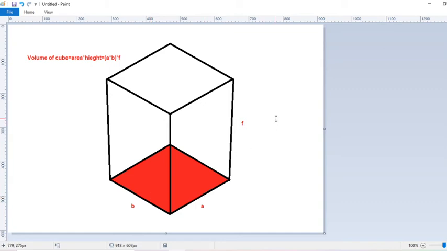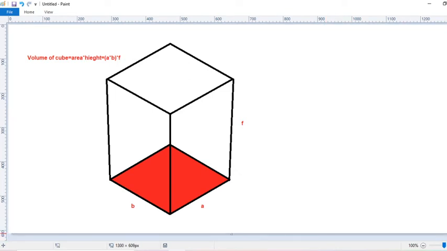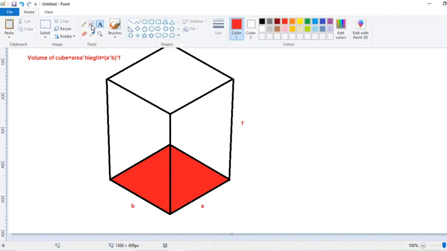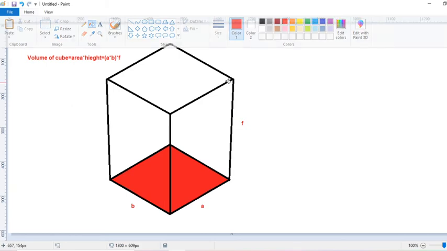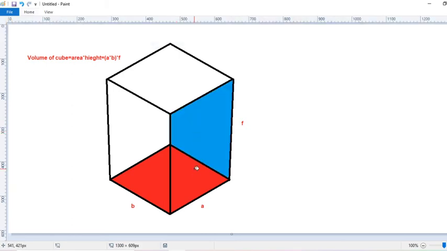Instead of finding area first and integrating F with respect to that area, we can first consider the area of this part. What will be the area of this part?